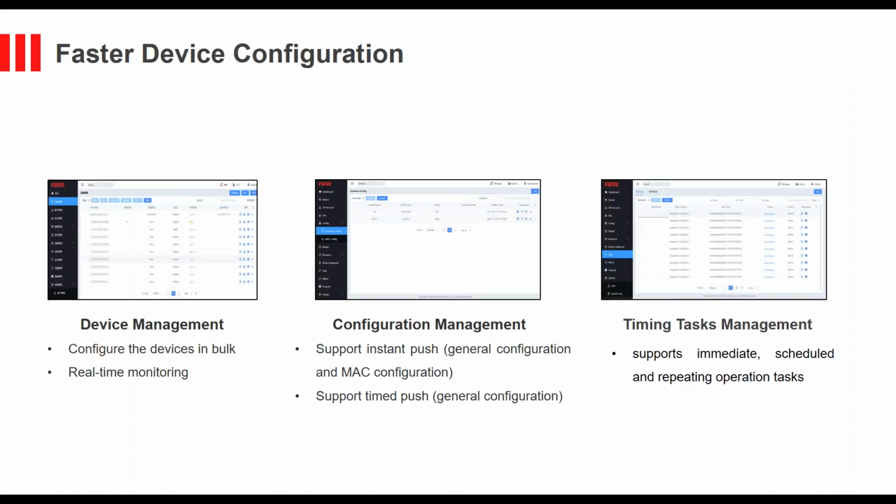And then ultimately, it talks about faster device configuration. You can configure the config file management. For all of the SIP phones that you see out there, especially in our case, the Fanvil SIP endpoints, they all have a configuration file, which tells them what time zone do I work in, what type of extensions do I have, how do I configure my specific buttons, what icon do I need to display on my phone.